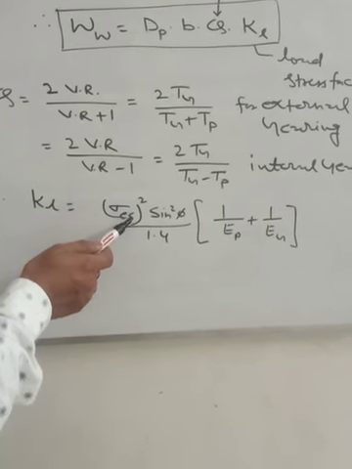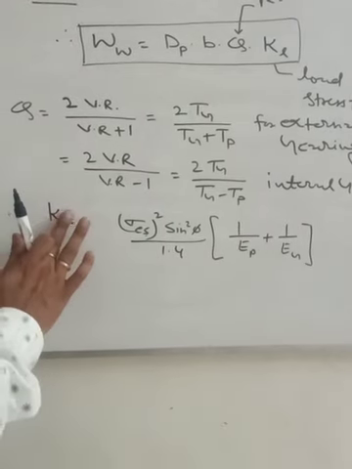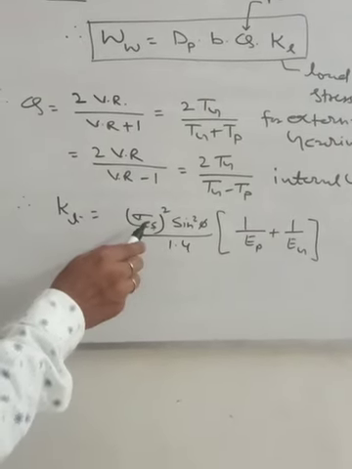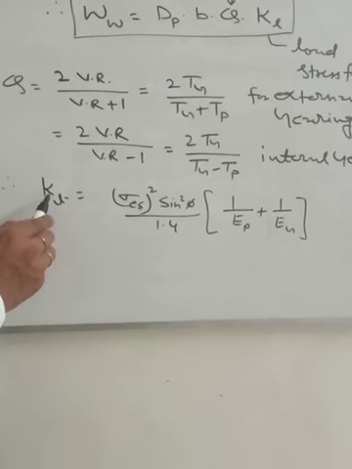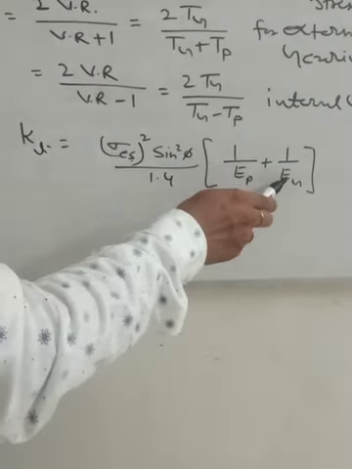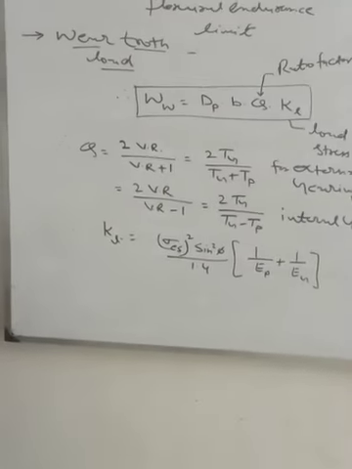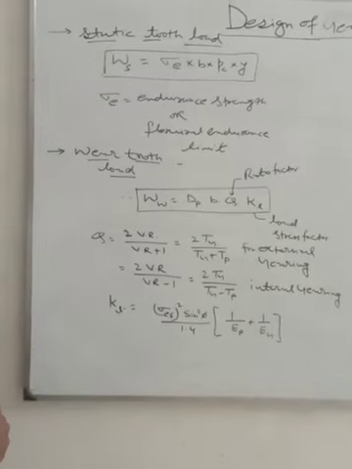This endurance surface limit can also be found from the design data book, and by putting the value from the design data book we can find out the value of this load stress factor. This E is the Young's modulus for pinion and Young's modulus for the gear. By the help of this we can calculate the wear tooth loads.